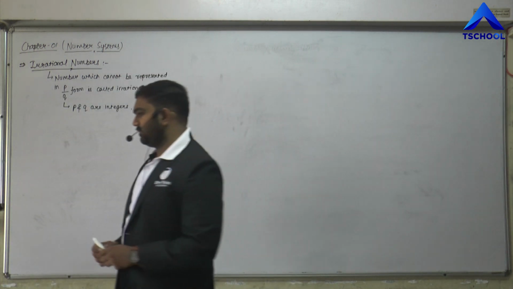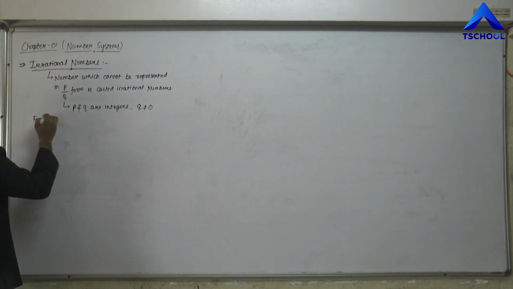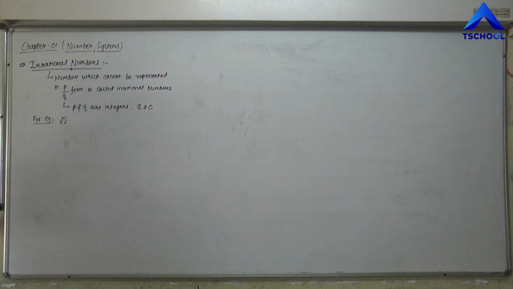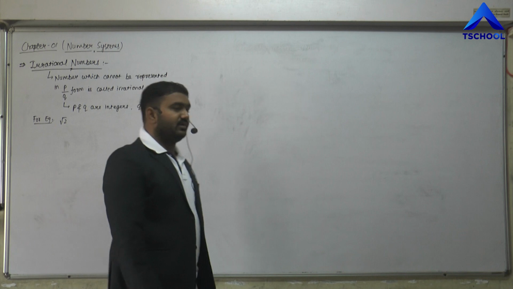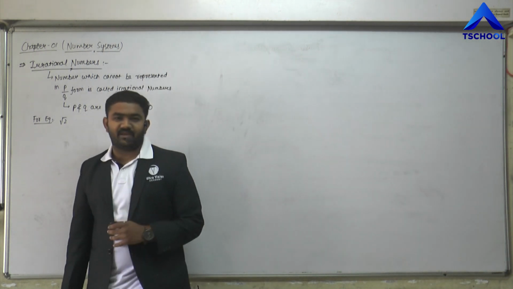Let us see, for example, I am having an example here. For example, let me say root 2. We know the value of root 2 as 1.41. So you might come to a conclusion that, sir, is 1.41 an irrational number? I might say yes. Then you might ask me why?